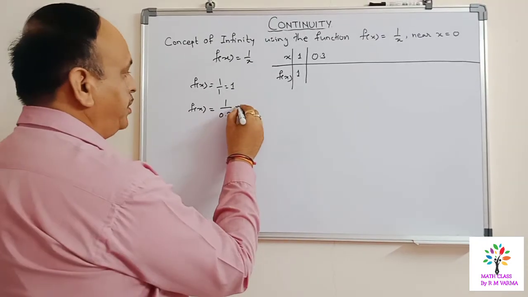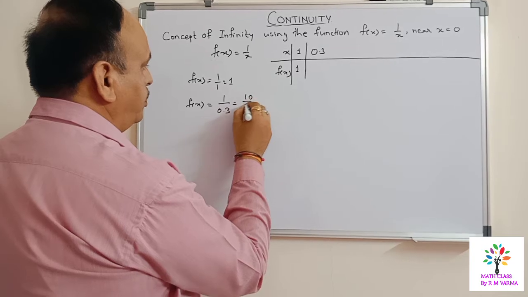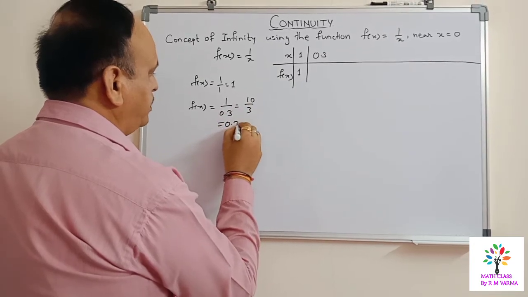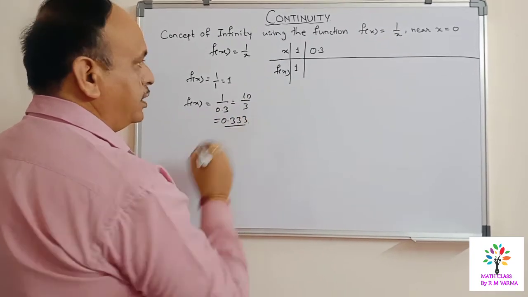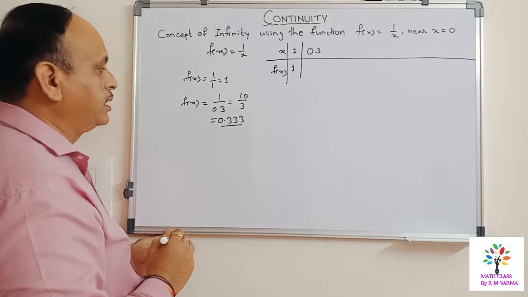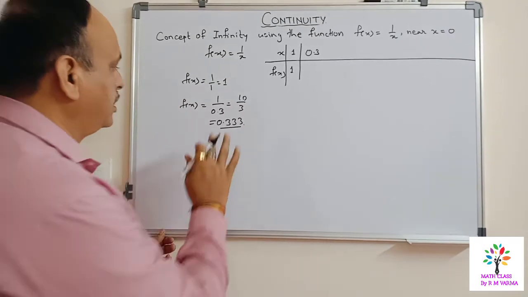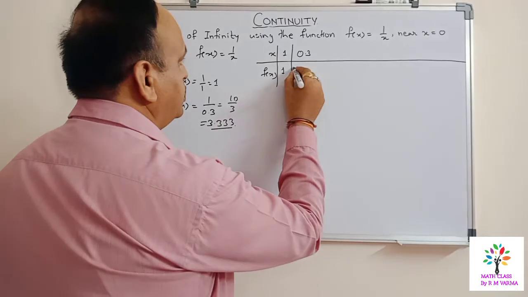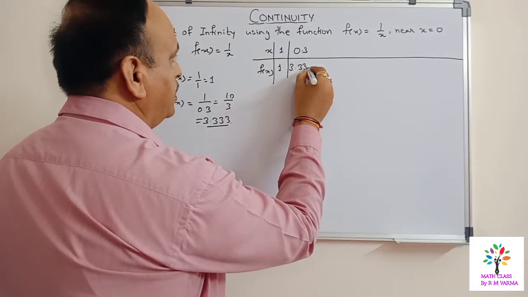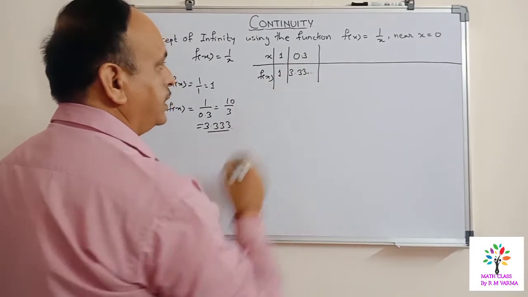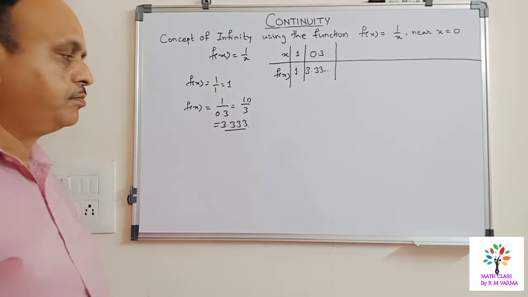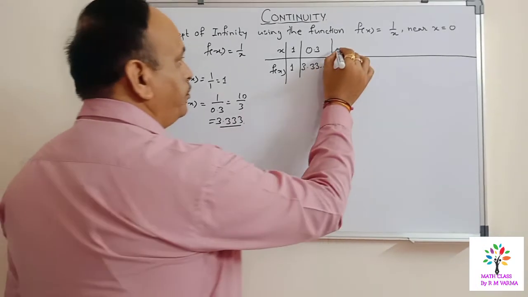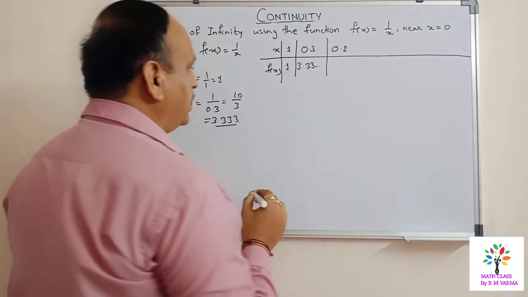What will be the answer? It becomes 10/3, which gives me 3.33 and so on. Sorry, it is 3.33, not 0.3. Now I take another value, say 0.2.